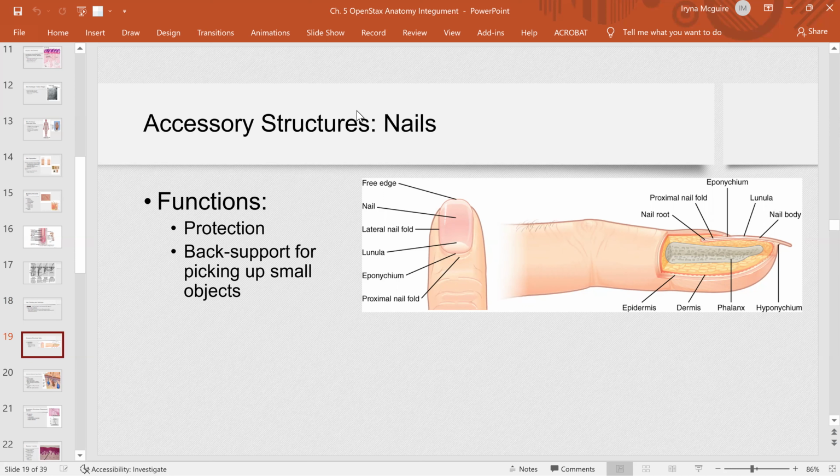Nails are also accessory structures, with the function of protection, and they help us to pick up small objects. So nails, the same as your hair, are made of keratin. It just might be a little bit more durable keratin over here. But if you look at structure, it's not that different.